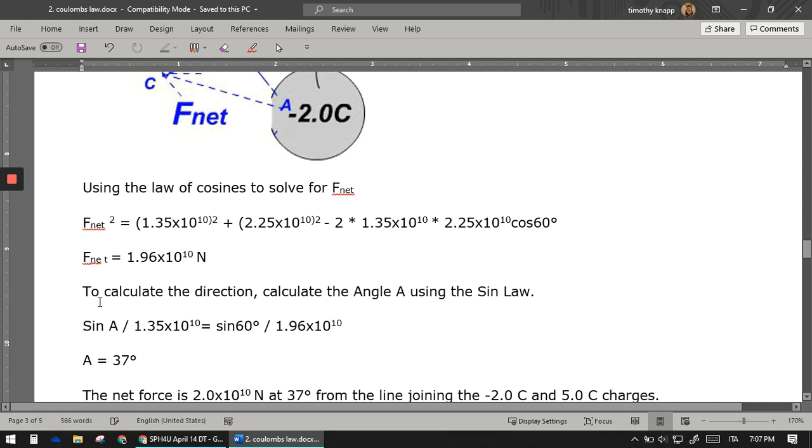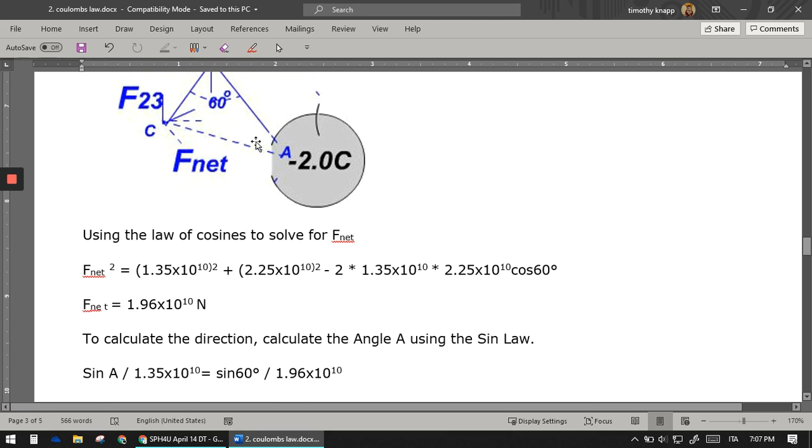Now we're going to use the sine law. The sine law works like this. We want to figure out this angle here so that we can determine what angle this dotted vector line is going. In order to figure out that angle, you need its opposite side.